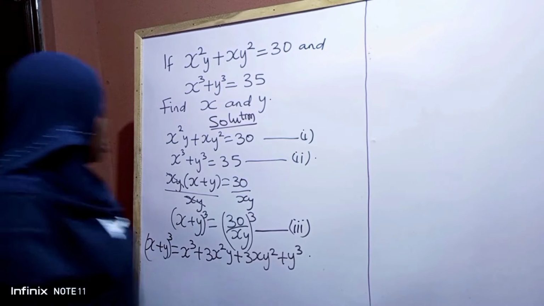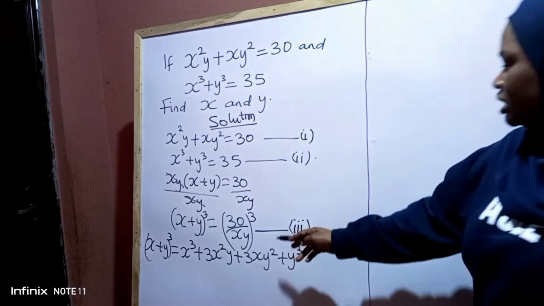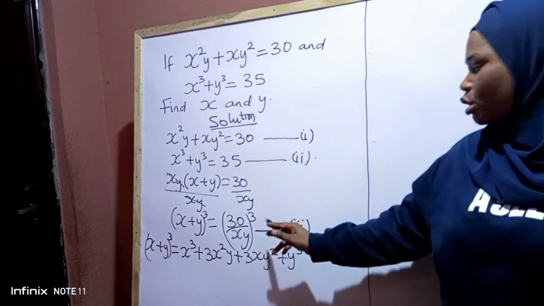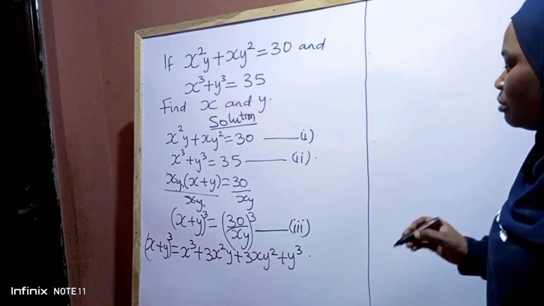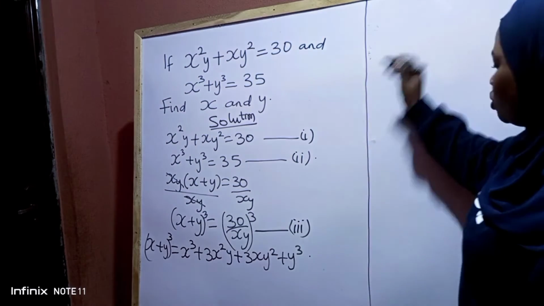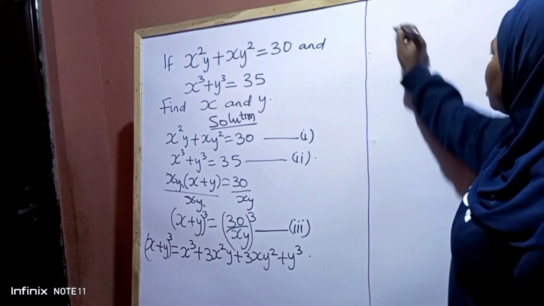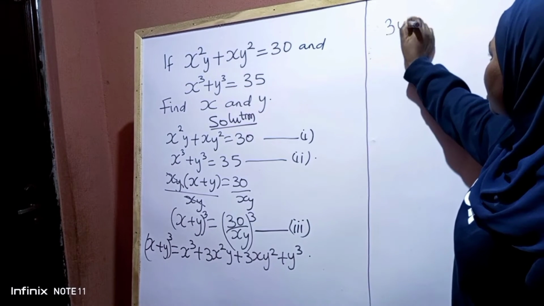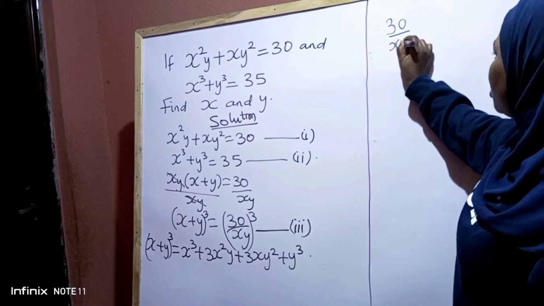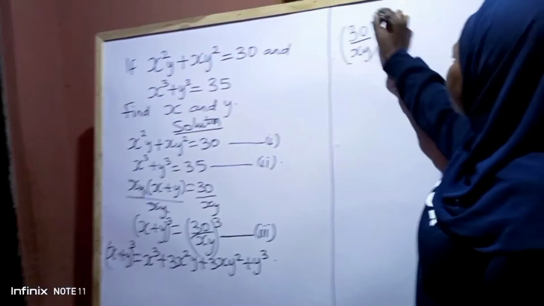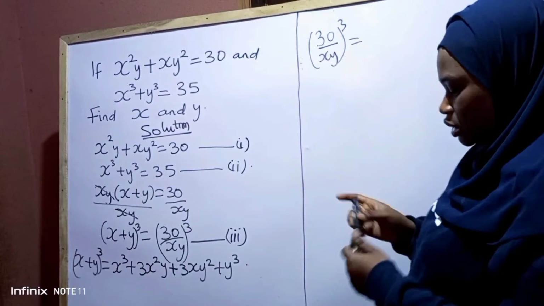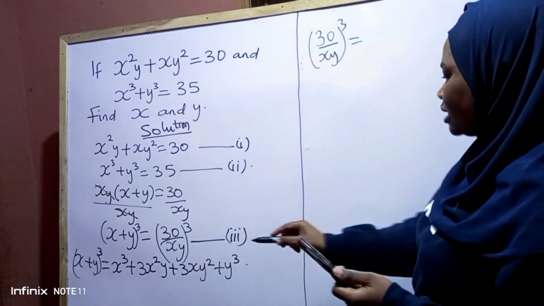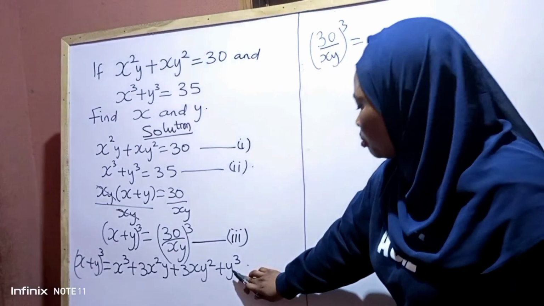Anywhere we see x plus y cubed, we are going to put 30 over xy cubed, which is equal to x cubed plus y cubed.